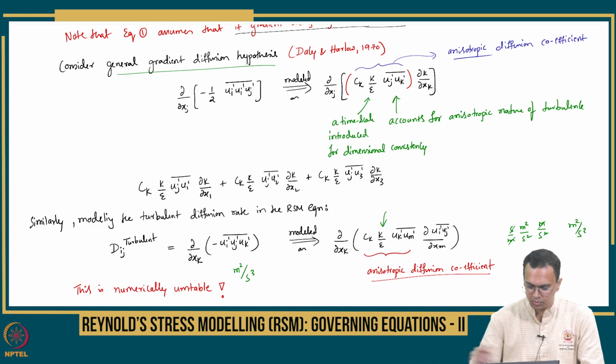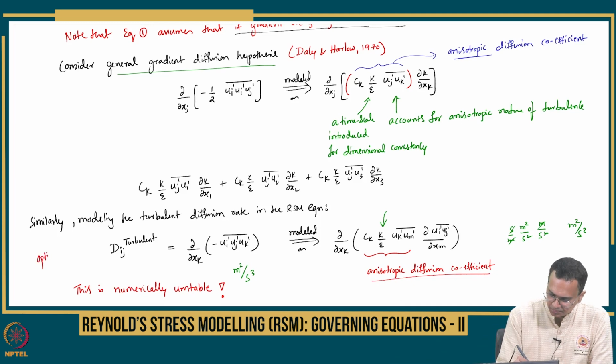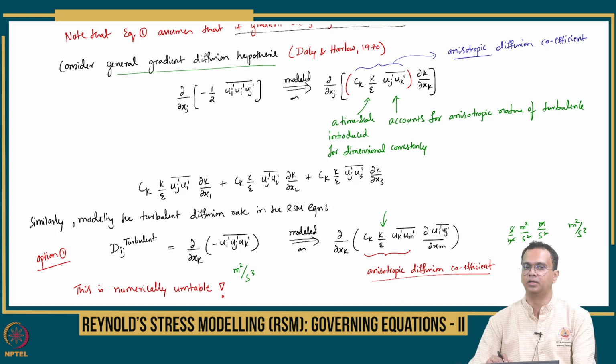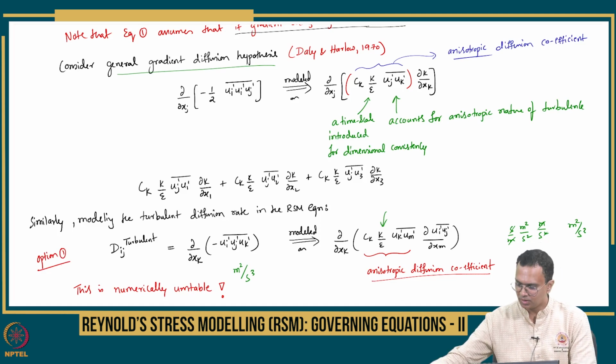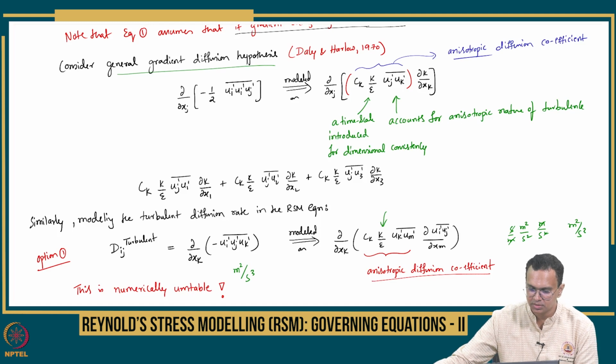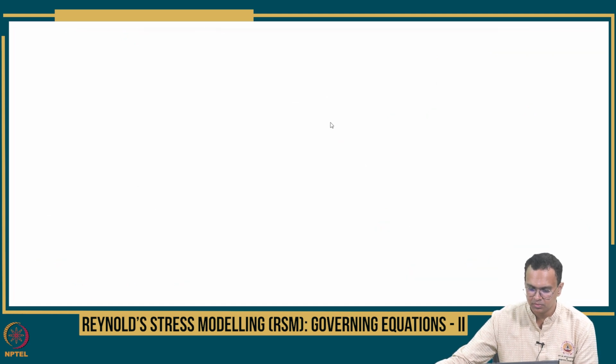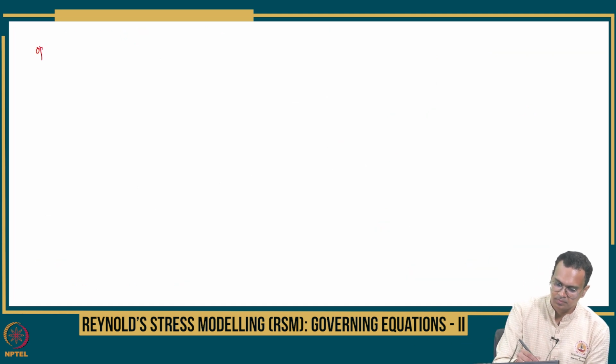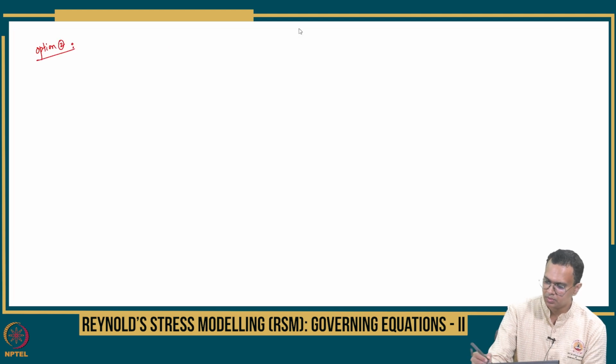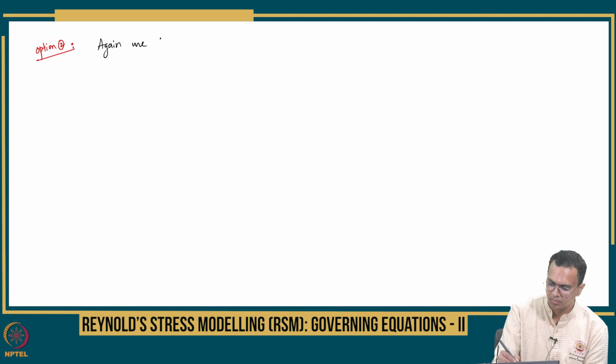So this is of course option 1 to model. Option 2 is to fall back to the isotropic diffusion coefficient like before.